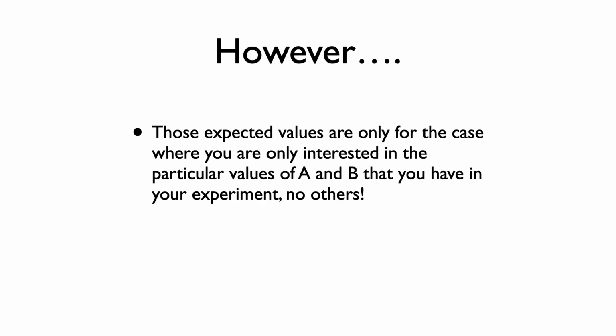And one of the assumptions is you're only interested in those particular values of A and B. If you were doing the retention interval experiment, you're only interested in retention intervals of 5 minutes, 1 hour, 24 hours. You aren't interested in 23 hours, 6 minutes, an hour and a half. All you care about are those 3 points, and no others.